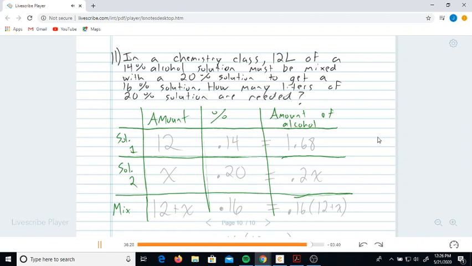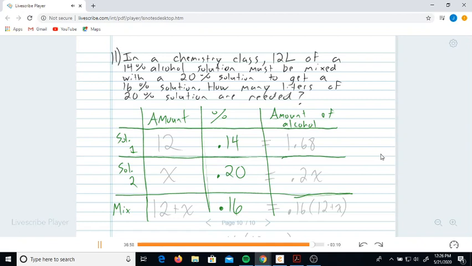Alright, so we are mixing a 14% solution with a 20% solution to get a 16% solution. So it's very important that you get these percentages correct. If you get them wrong, then it'll throw everything off. So you got to ask yourself, hey, is this even physically possible? Well, if I mix a 14% solution with a 20% solution, I'm going to get something that's stronger than the 14% but weaker than the 20%.